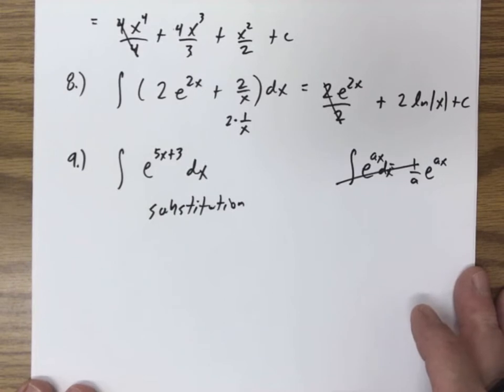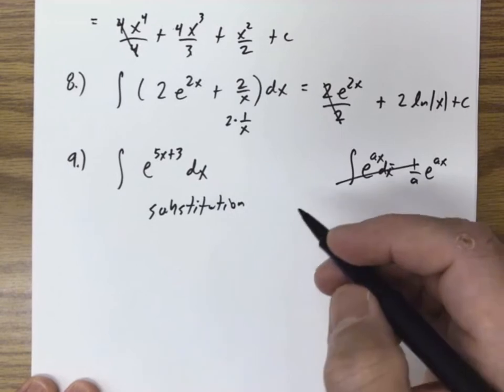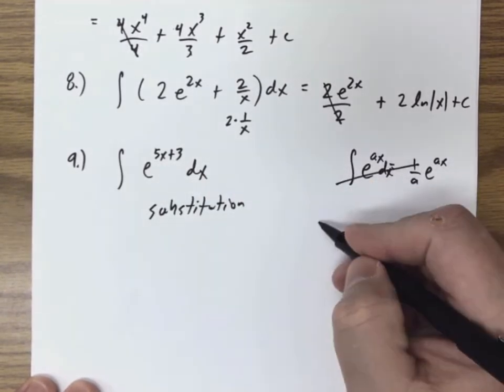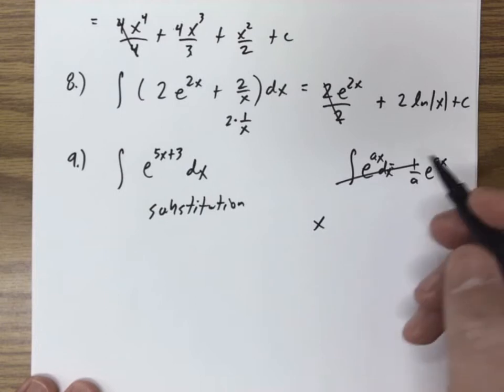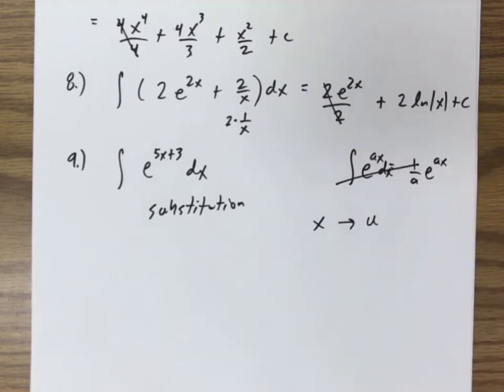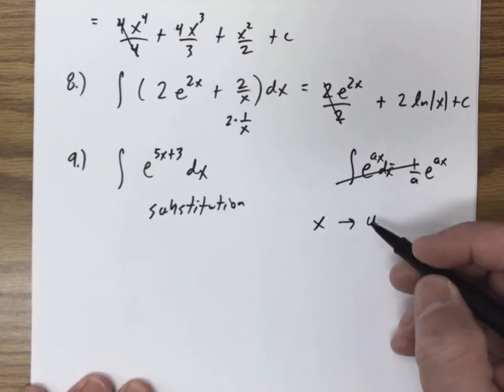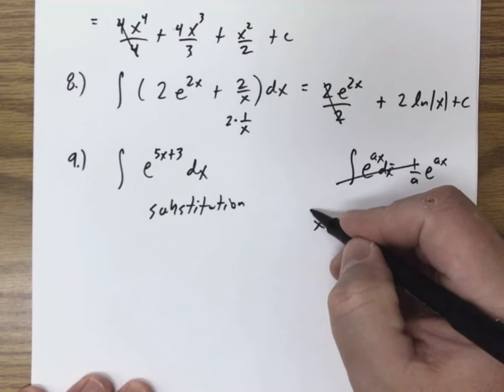The first step is always, because what we're going to do is take this integral with a variable as x, there's a bunch of x's, and our goal is to substitute and replace all the x's with some type of variable u. And if we do it correctly and it works, what happens is, let me write it this way.